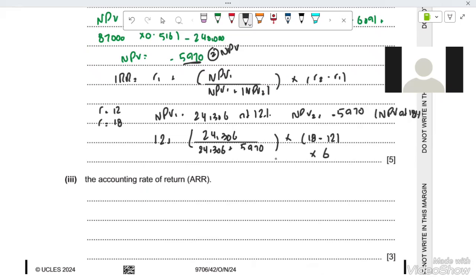You will get the answer 0.8028, multiplied by 6, plus 12 is equal to IRR.